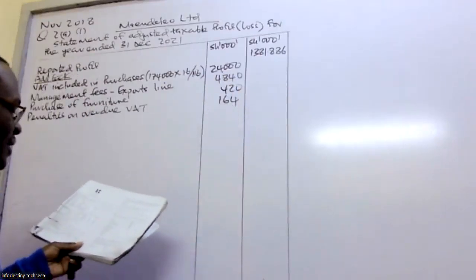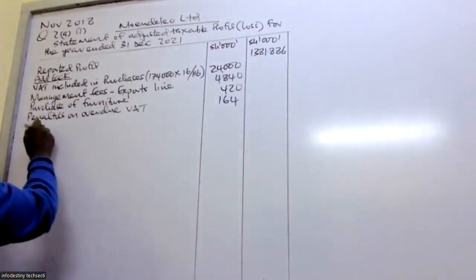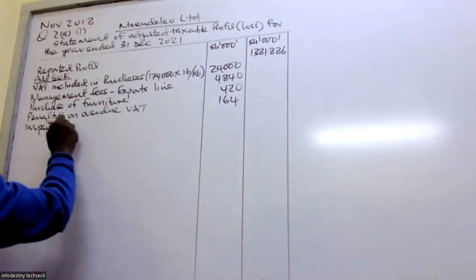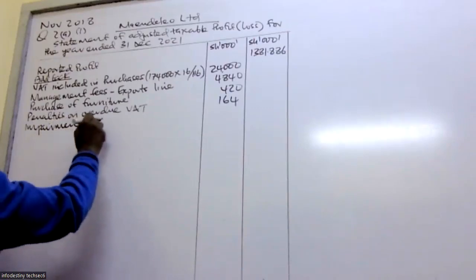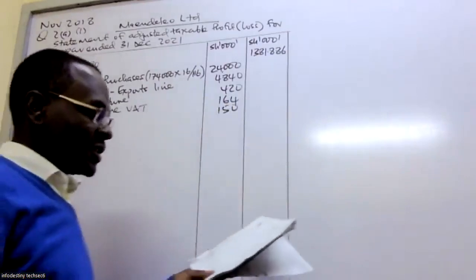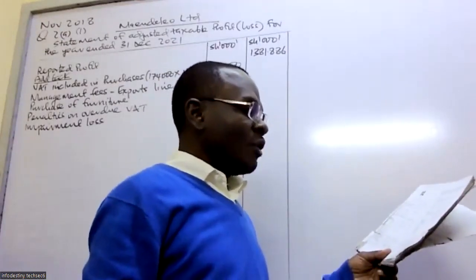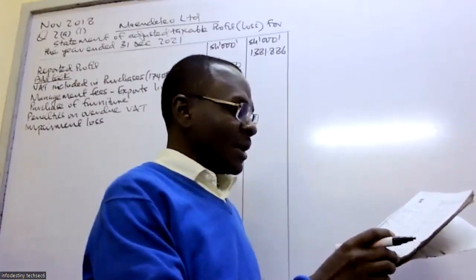Impairment loss of factory extension is 150. So impairment loss of factory extension is 150. These are losses of capital nature. They are not allowable.